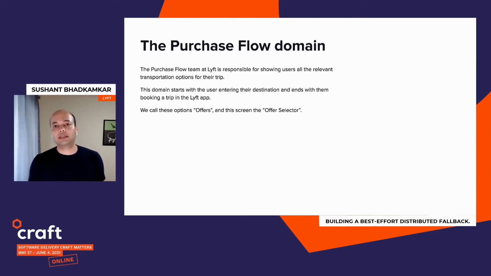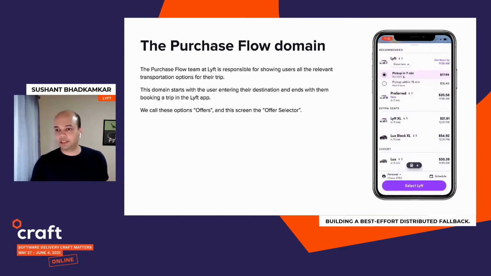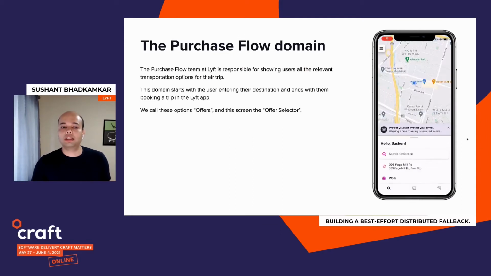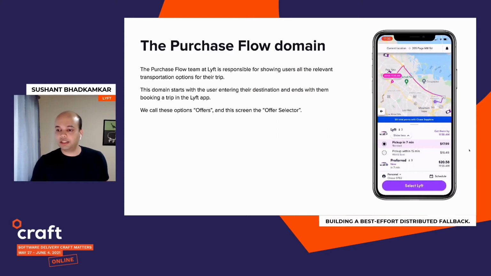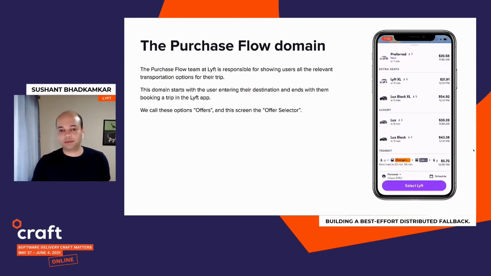And then in real time, we figure out the price and the pickup and arrival estimates for those options, which you'll see on the right here. So once I've selected destination, all these options that you see are what we call offers. And the screen that you see here, we call it the offer selector, which has all the price and time information.